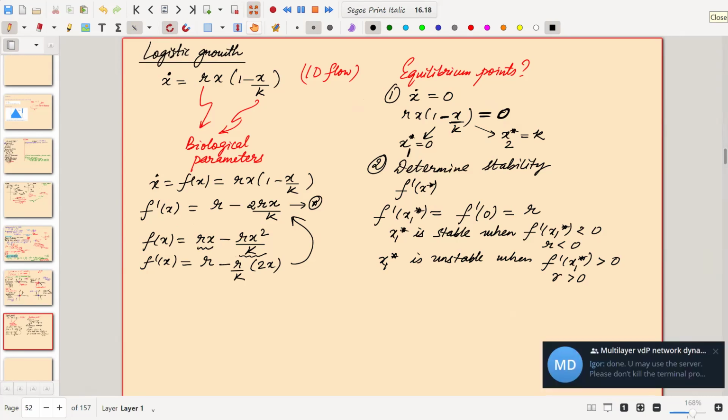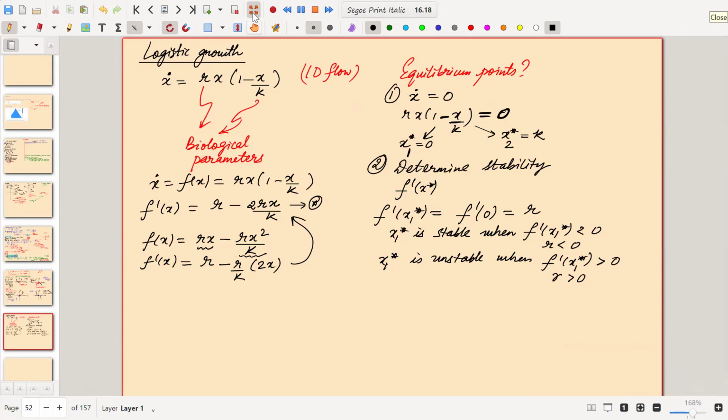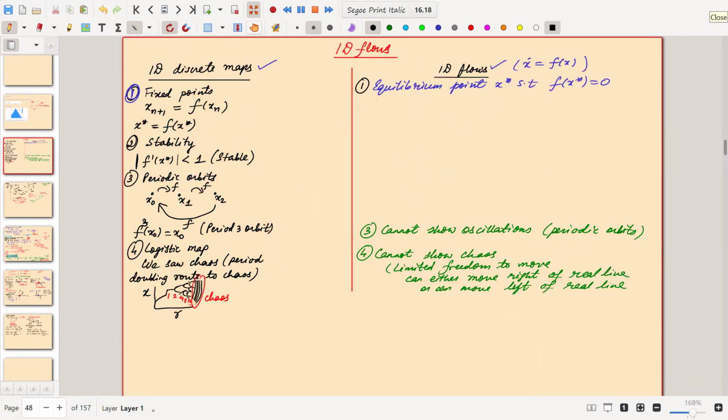X dot is f of x, and the derivative will decide stability. Okay, I will clarify the story again. What is an equilibrium point? X star such that f of x star equals 0.